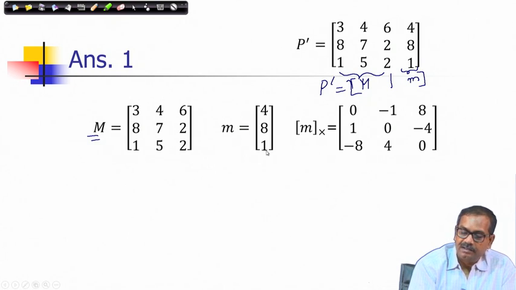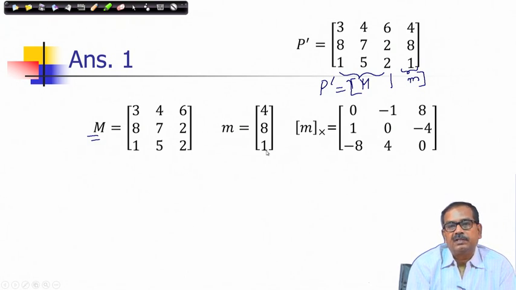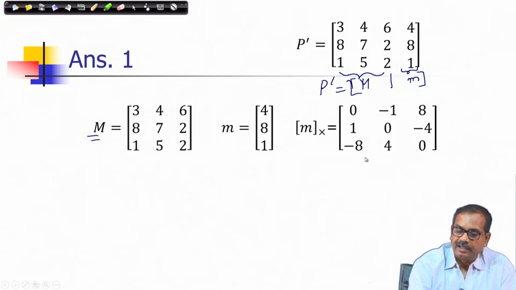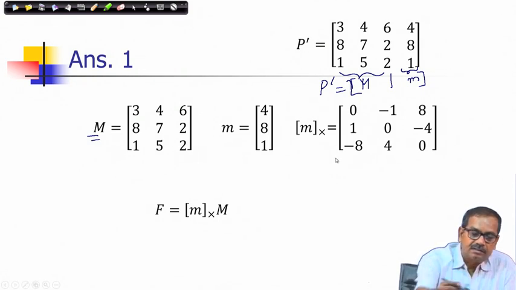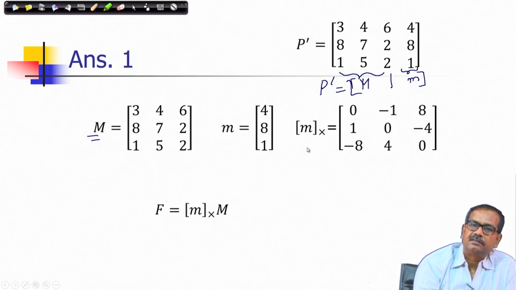We first will get the skew symmetric matrix, which performs the equivalent cross product operation with the vector. So, from this we can get the skew symmetric matrix, and then the fundamental matrix is given by this computation. Let me call this matrix simply the m cross matrix.